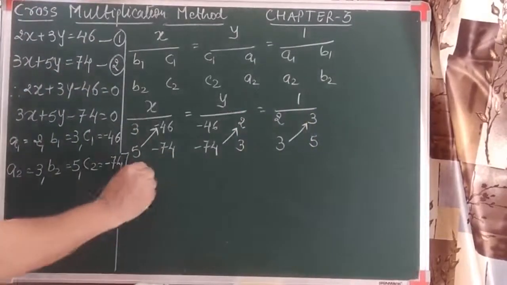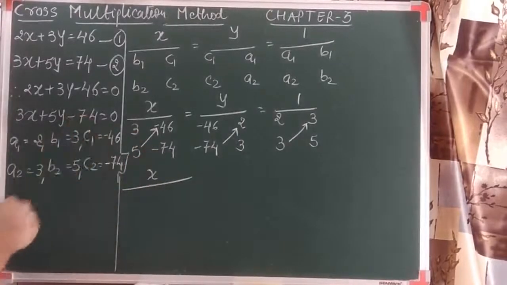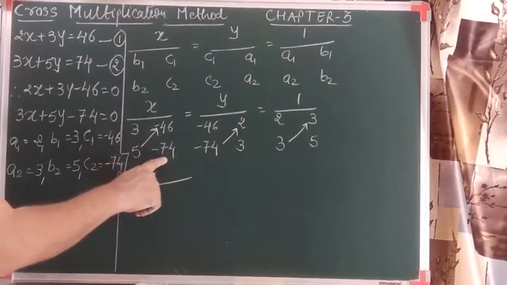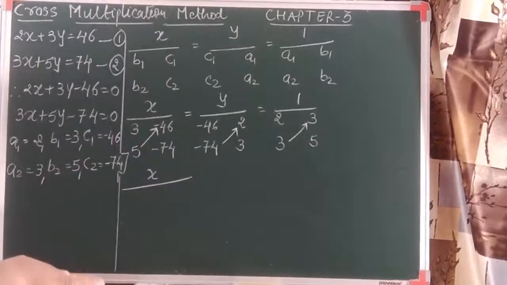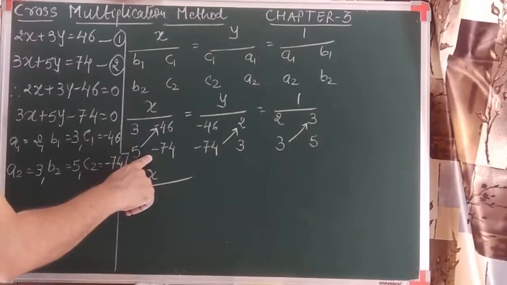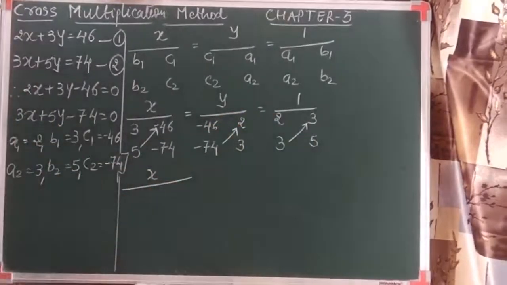I'll repeat what I explained. We have to cross multiply these two, so you can first do this one and then this one, that means 3 into 74 and 5 into 46. You can multiply either one first, but whatever order you follow in the denominator of x, the same you have to follow for the denominator of y and the constant.